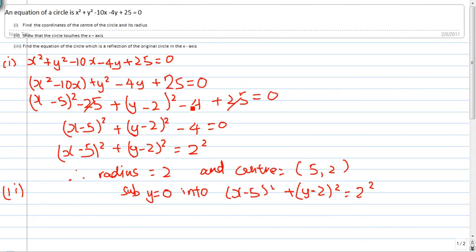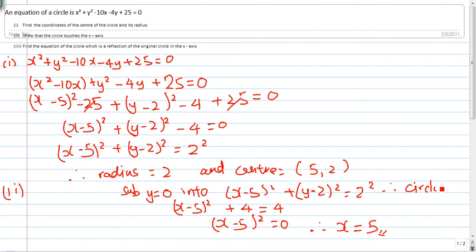If I sub y equals 0, I just get x minus 5 squared plus 0 minus 2 squared, which is 4, equals 4. 4 minus 4 is equal to 0, so x minus 5 squared equals 0. Therefore x is equal to 5. Hence the circle touches the x-axis at 5, 0.